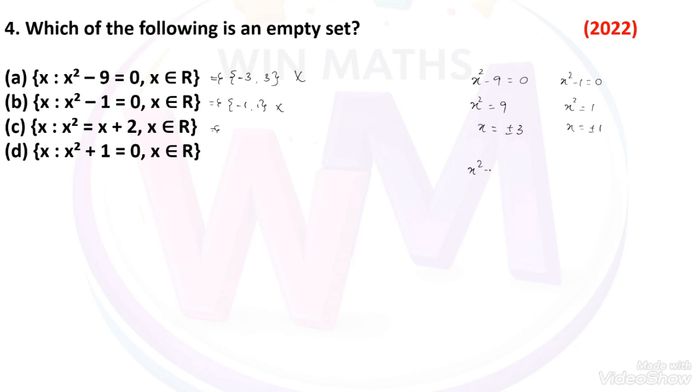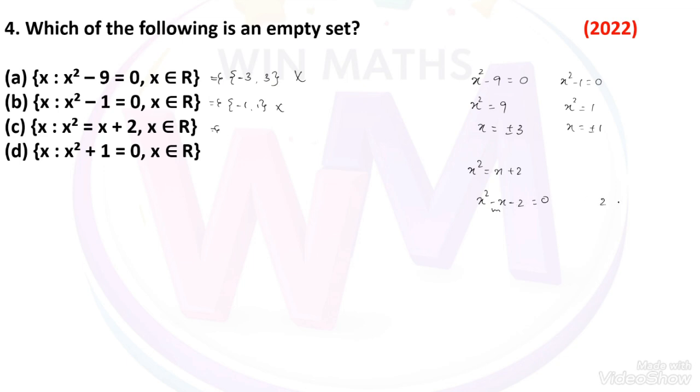Next option, x square is equal to x plus 2. Okay, then x square minus x minus 2 is equal to 0. While solving this equation, we get two numbers. Sum of the two numbers will be minus 1, and the product will be minus 2.